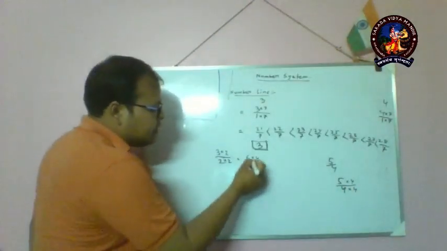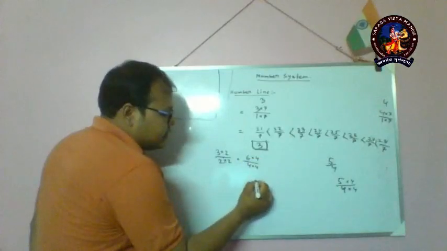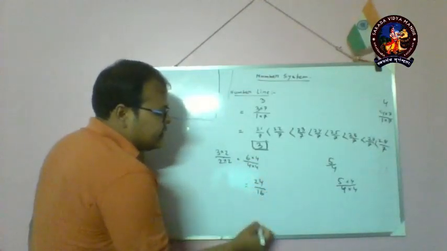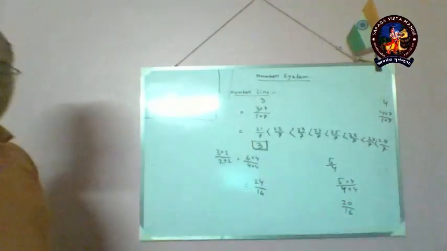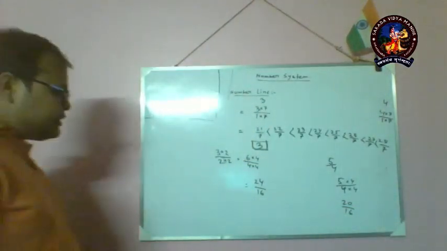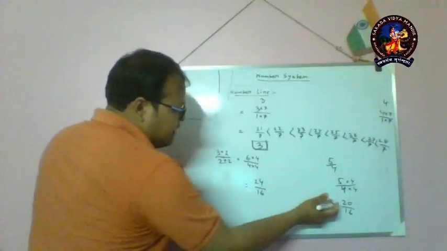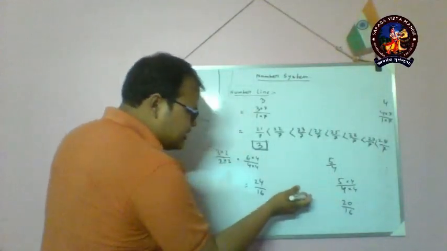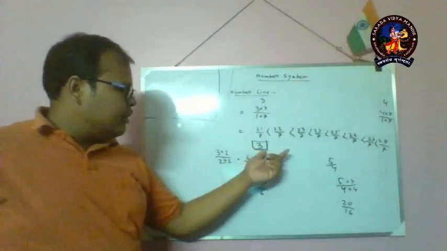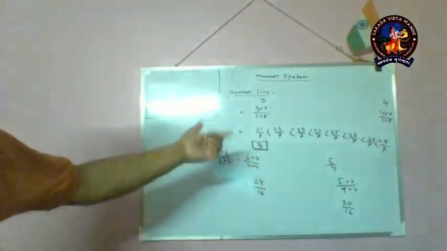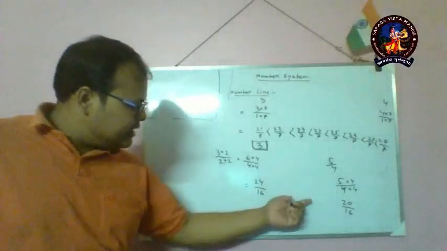So the numbers became 24 by 16 and 20 by 16. You will notice that you can write only 3 numbers between them. As you have multiplied by 4, you will get only 3 numbers between them.